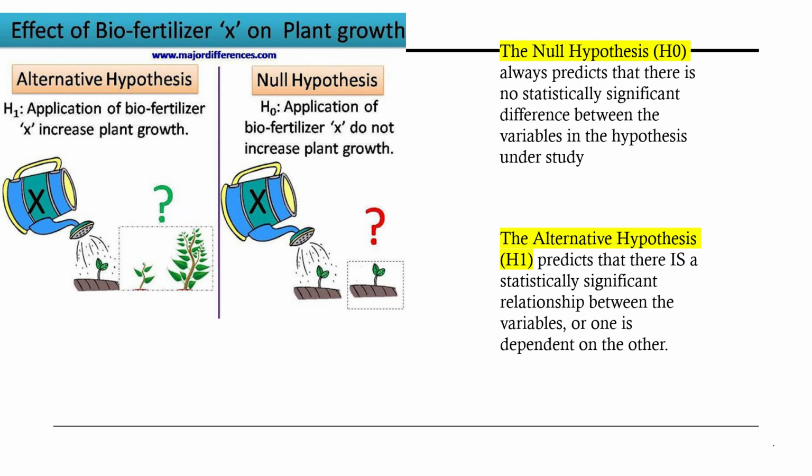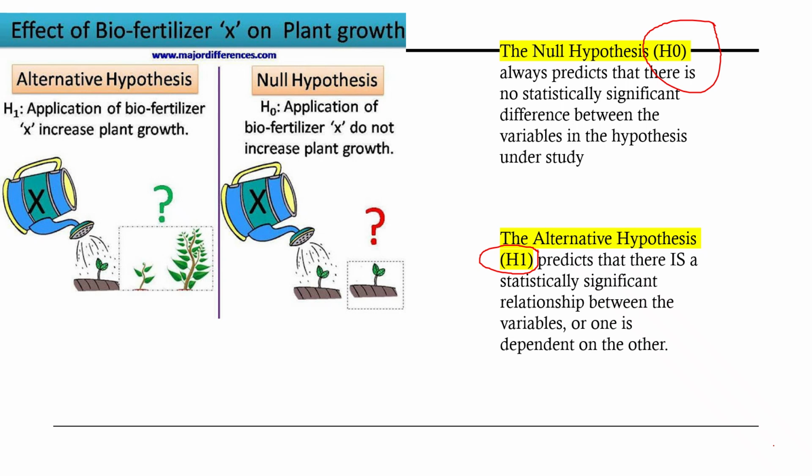So if we have a null hypothesis, then we always have to have an alternative hypothesis. And just to point out real quickly, we denote a null hypothesis by saying H0, hypothesis 0. And then your alternative hypothesis, we denote that by saying H1. Okay?